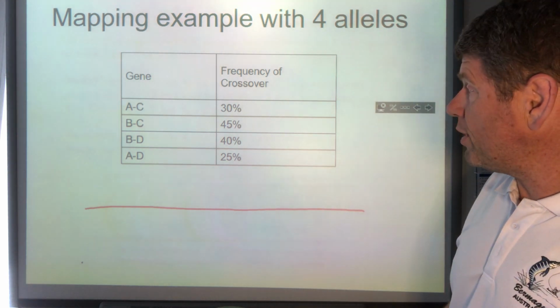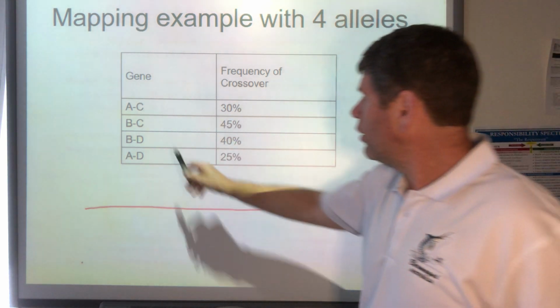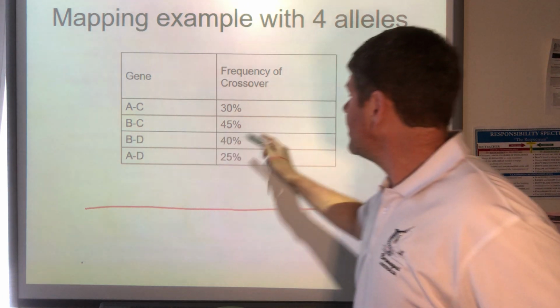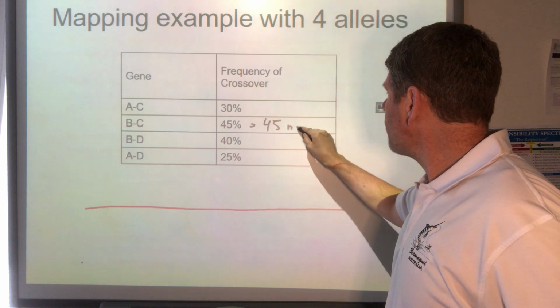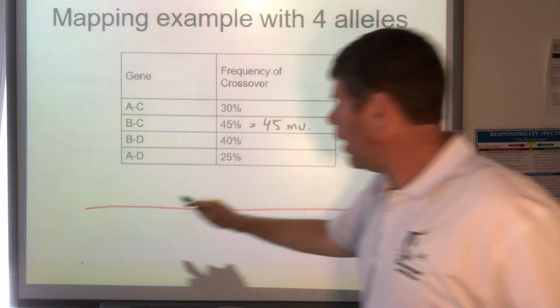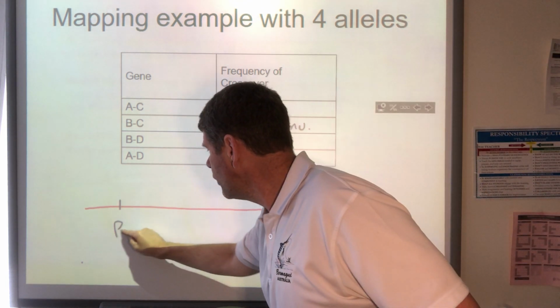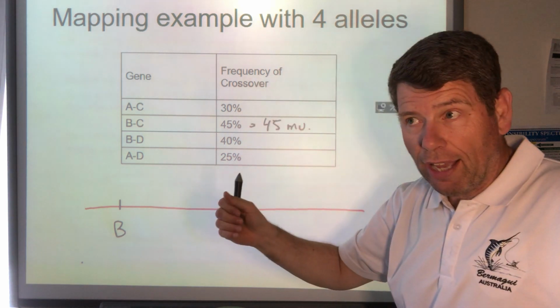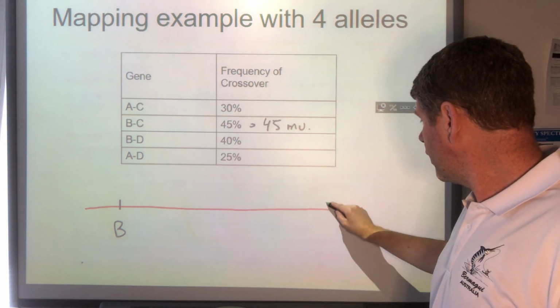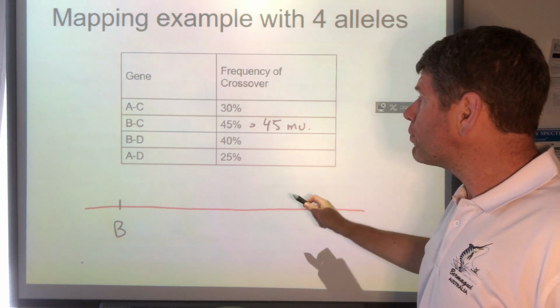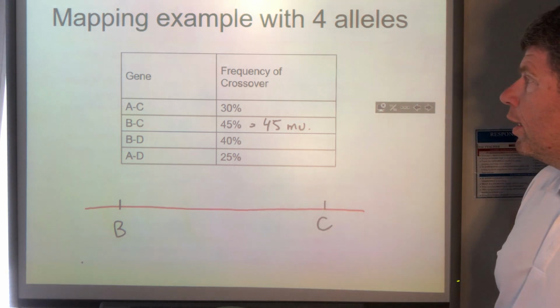Greatest crossover frequency, 45% for alleles B and C. So guys, remember, that is equal to 45 map units, and I'm going to put my B here, assuming that these alleles are forming the ends of my sequence. Therefore, C would be there.